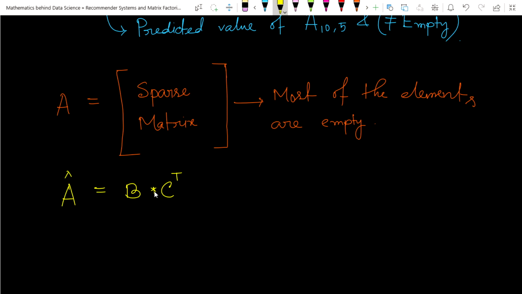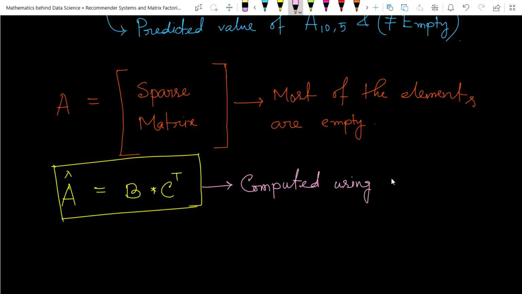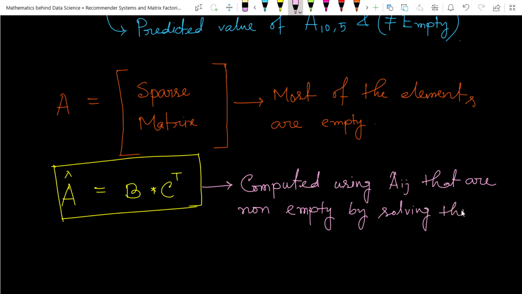This value will be computed using the Aij that are non-empty, by solving the optimization problem. That's the job that we are doing here.